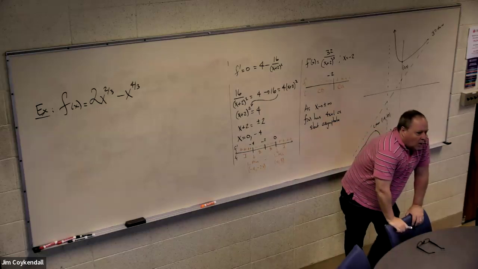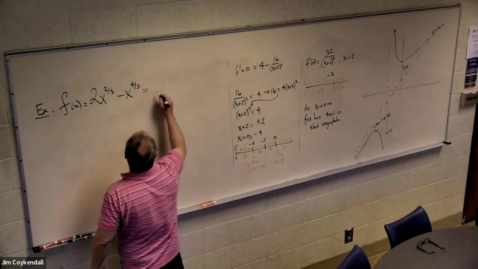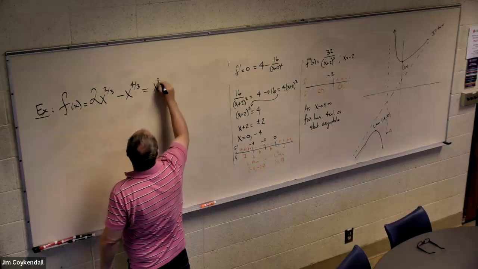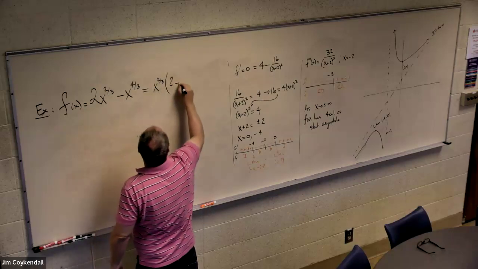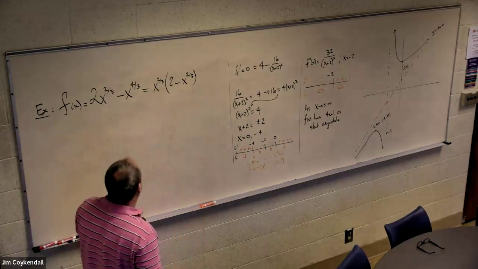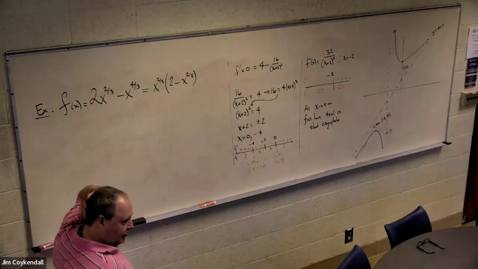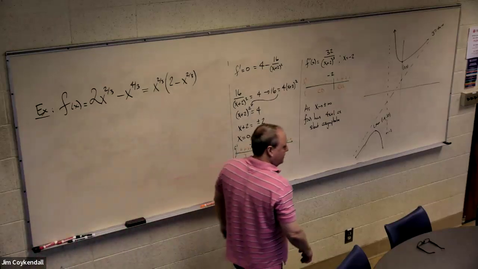What can you plug in for x and everything's a-okay? Well, what's the domain of this function? What can I plug in that's okay?